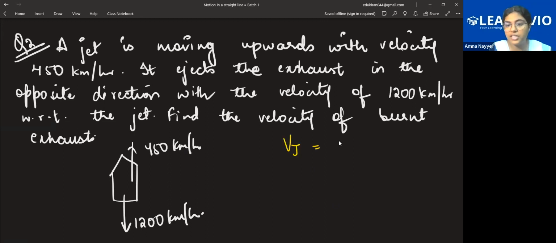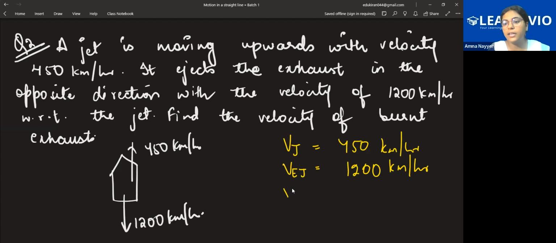Vj is given as 450 kilometers per hour, and the velocity of the exhaust with respect to the jet is given as 1200 kilometers per hour.